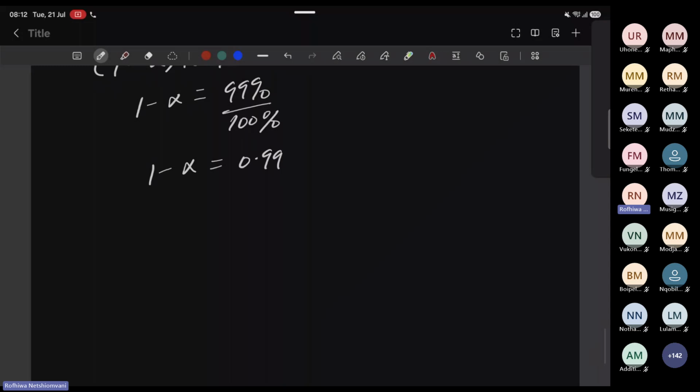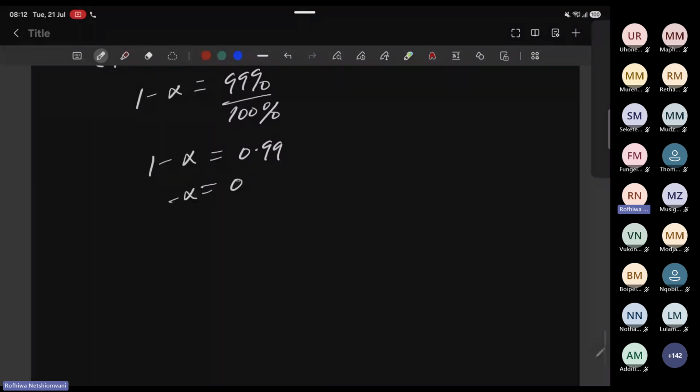If it's 0.99, then negative alpha will be 0.99 minus 1, which is negative 0.01. Then we divide by negative 1 on both sides, so alpha is equal to 0.01.